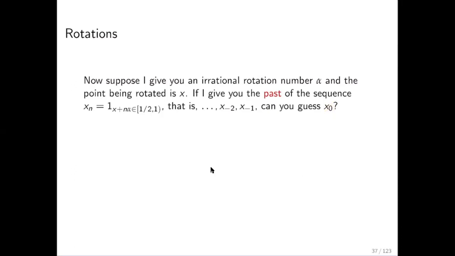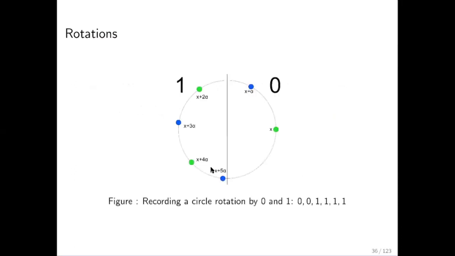Let me try to gauge everyone's intuition. What do you think? Anyone? So again, let me go back to this diagram. I've taken this rotation by the irrational number, and I'm coding the visits by which part it falls into. Now I take a number x and I look at the entire past of the sequence.